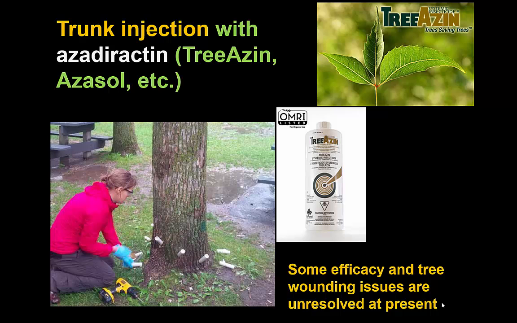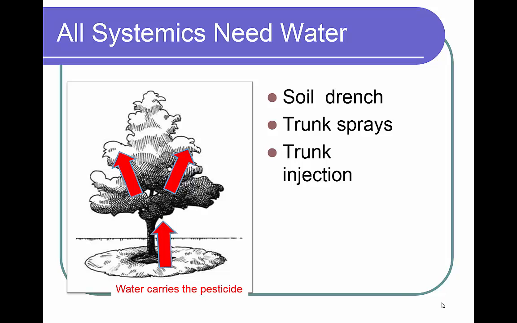Regardless of what kind of product we use in trunk injection, there are some wounding issues that are of concern. Again, there is a wound produced if you go with these 2 trunk injection systems. Regardless of what kind of systemic insecticide you use, all of them are going to move in the plant as the plant respires, and all systemics are going to need water.